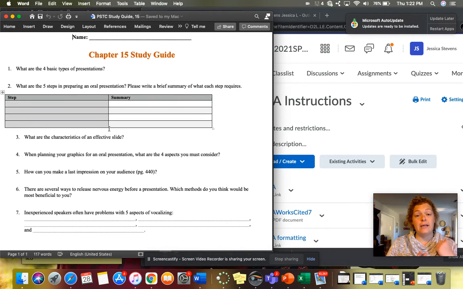Okay, most people need to hear something 3 to 7 times before they actually remember it, before they actually retain it. For most of us, we can see something and that visual image is just easier to remember. So slides in our presentations should have some kind of visual. If you don't have an actual graphic or a visual element, then you want your slides themselves to be visually appealing.